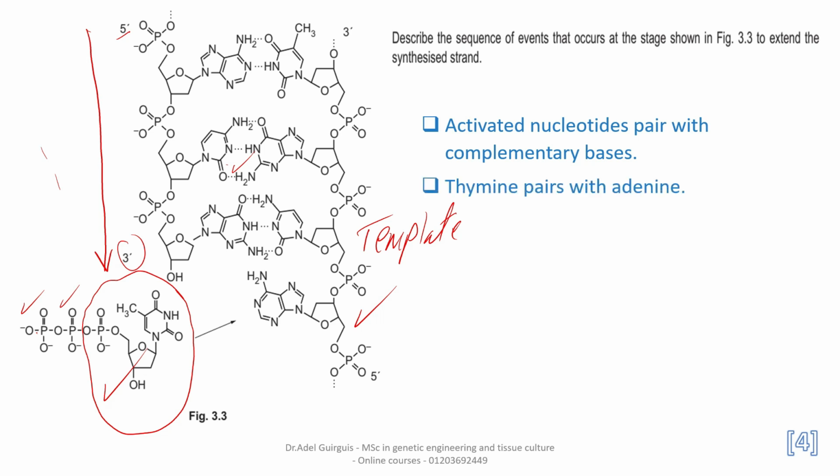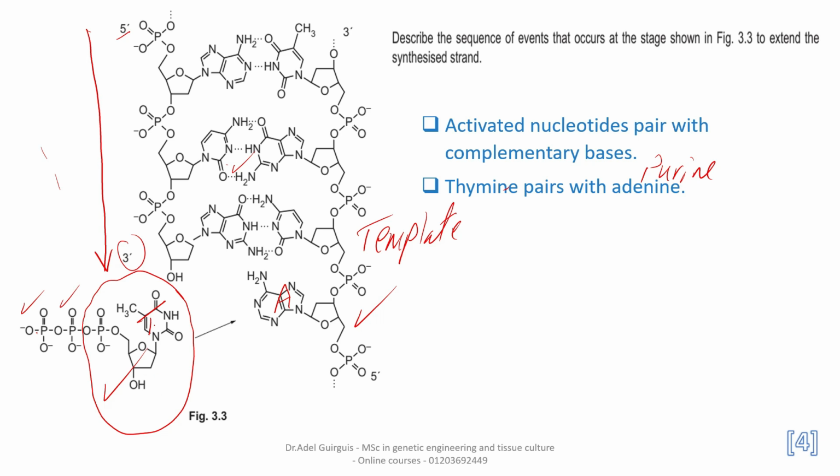Thymine pairs with adenine. Adenine is a purine with double rings, and thymine, this coming nucleotide, is a pyrimidine with only 1 nitrogenous ring.